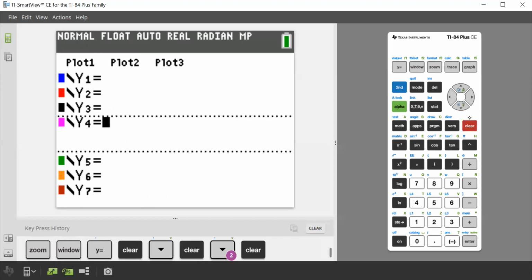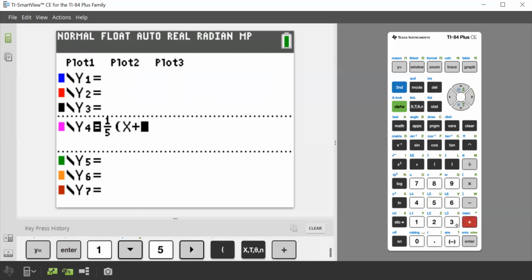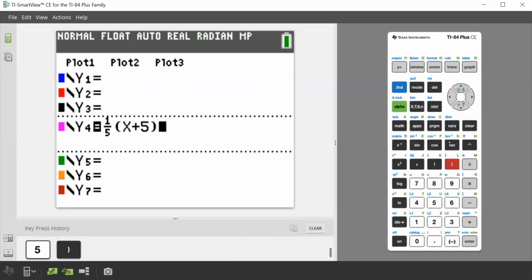Whatever. Say it was 1/5. I'm going to use my fraction button, which is alpha y equals. And there it is. Now, if you have a TI-83, you don't have that feature. And again, parenthesis, x plus 5 squared. You can hit your little chapeau button above the divide sign if you really wanted to, like that.